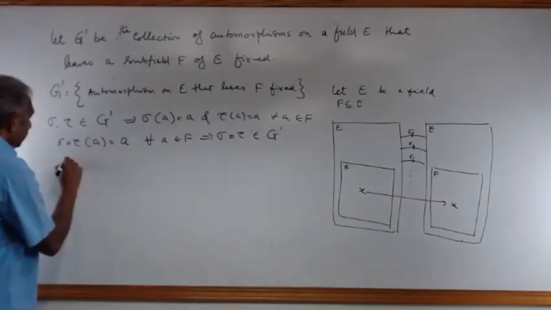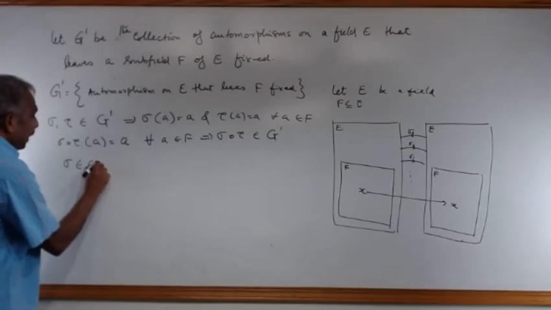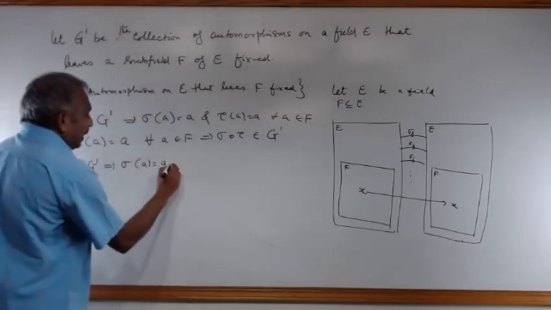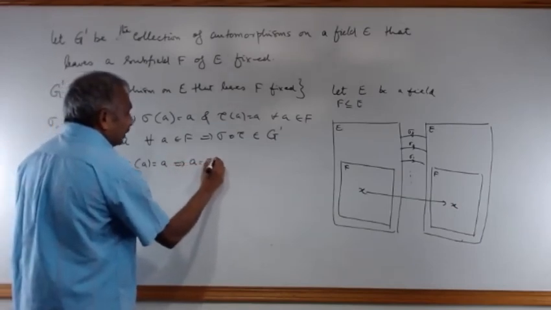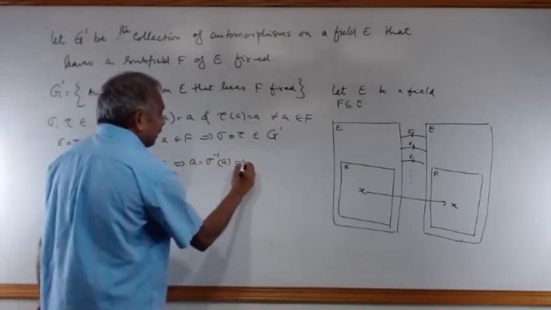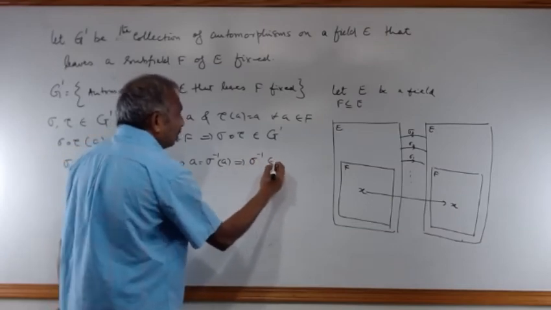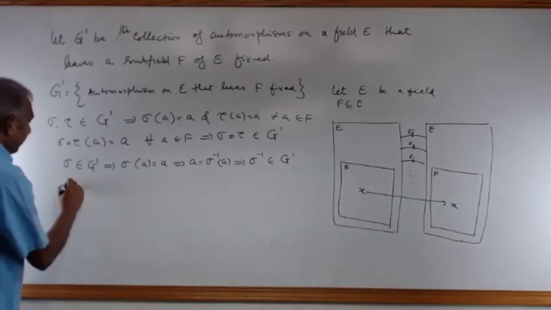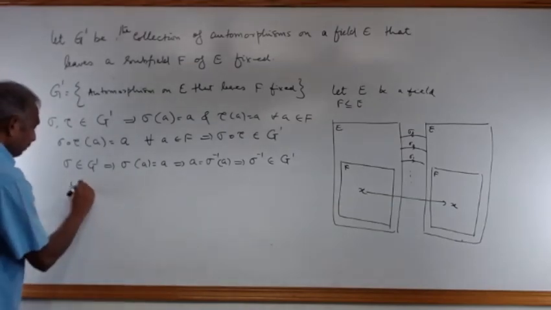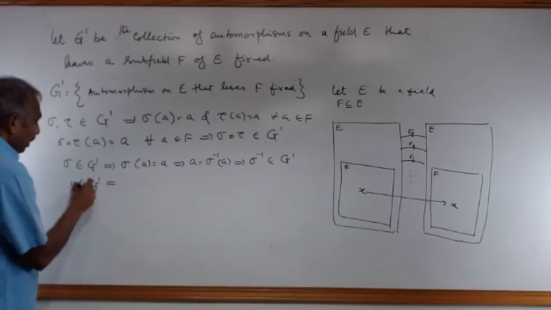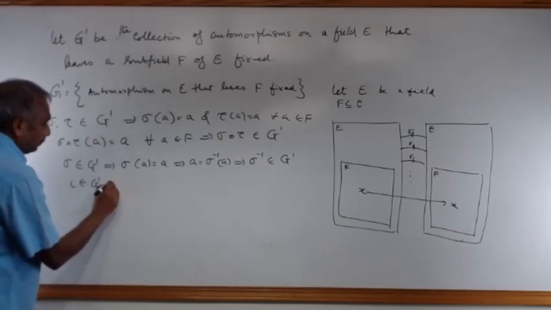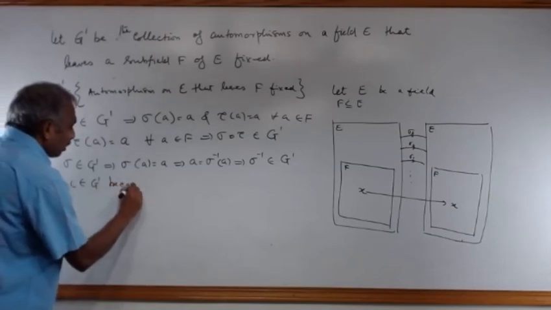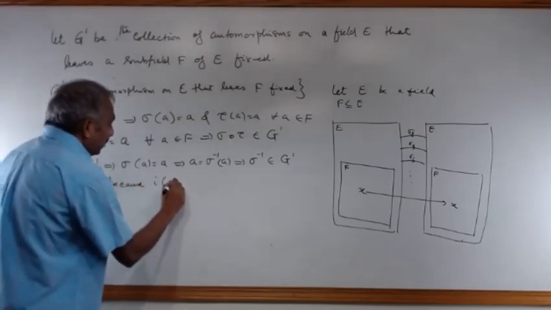Now, sigma belongs to G prime implies sigma of a is equal to a. That implies a is equal to sigma inverse of a, and that implies sigma inverse belongs to G prime. And definitely the identity automorphism belongs to G prime because I of a is equal to a.